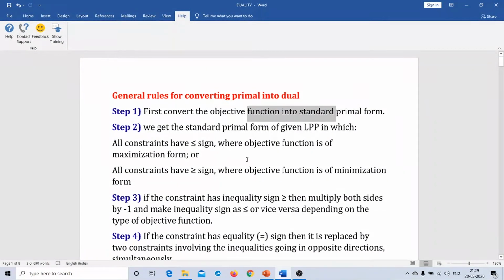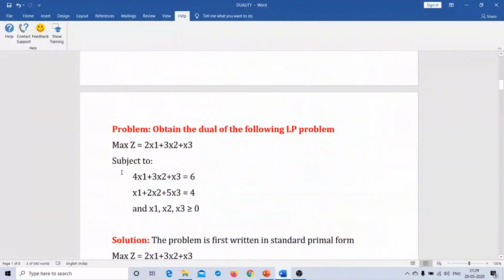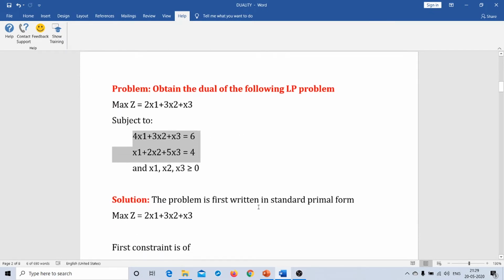What is standard primal form? If the objective function is of maximization type, then the constraints should be of less than or equal to sign. So we have the objective function as maximization, and hence these constraints should be of less than or equal to type, right?